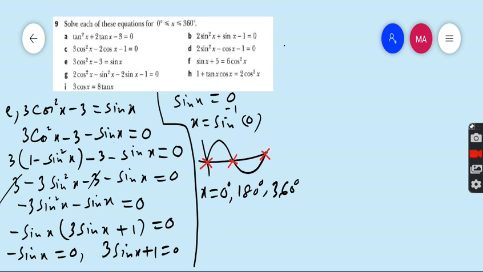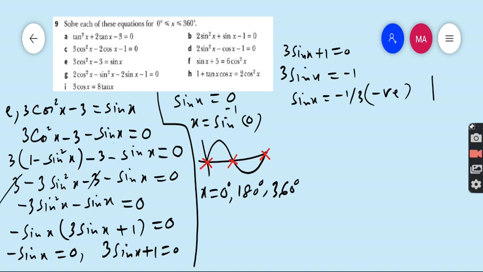The second equation is 3 sin x plus 1 is equal to 0. 3 sin x is equal to minus 1. Sin x is equal to minus 1 upon 3, which is negative. Sin is negative in third and in fourth. So first find x is equal to sine inverse of minus 1 upon 3.